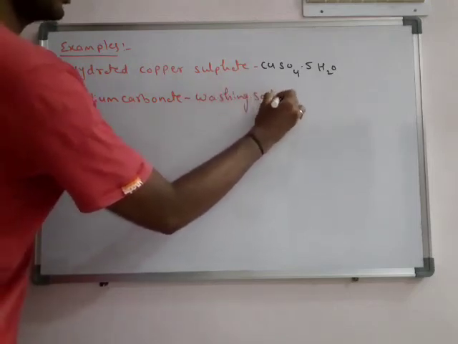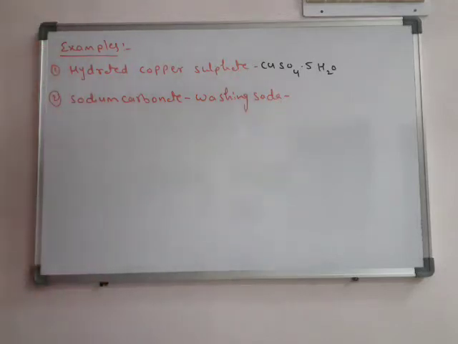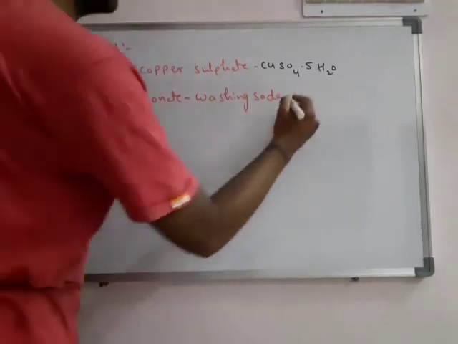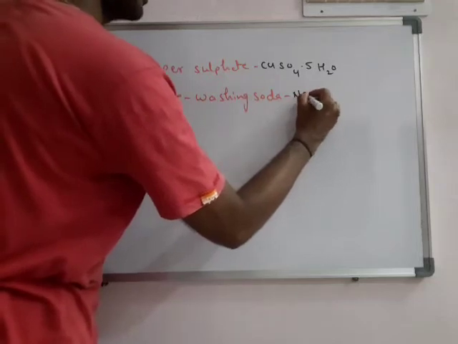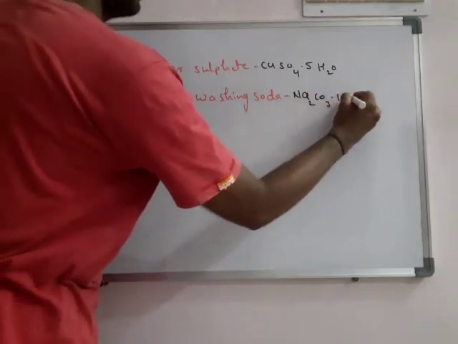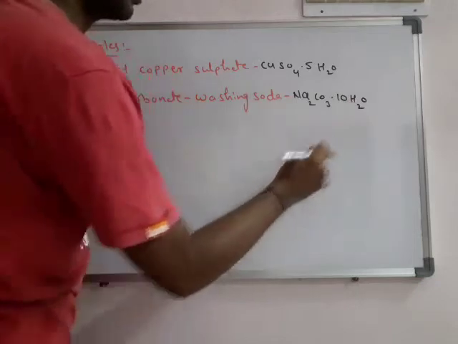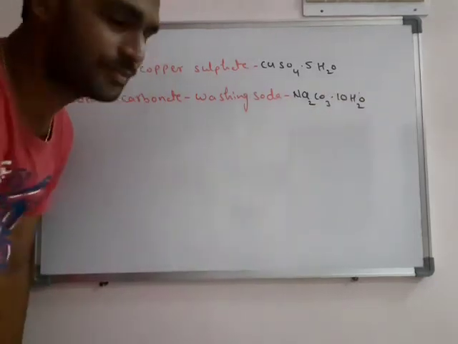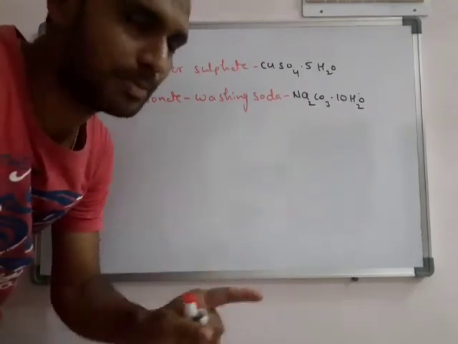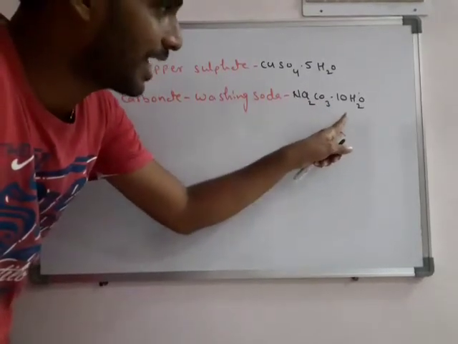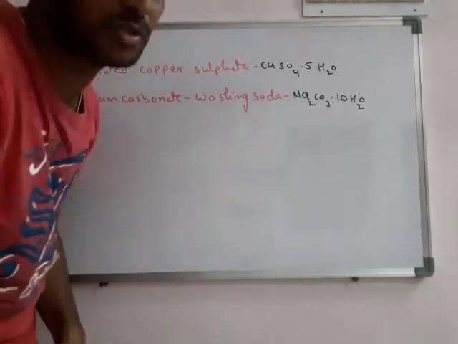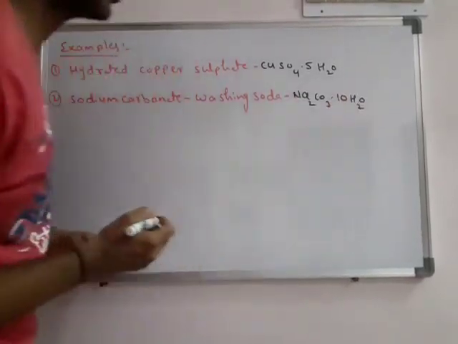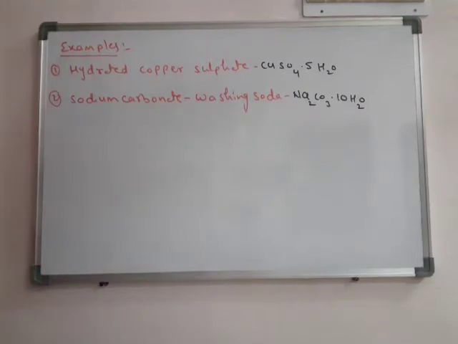So washing soda means it's a sodium carbonate decahydrate, Na2CO3 10H2O. It is fixed. Only Na2CO3 is not treated as washing soda. Washing soda is compulsorily Na2CO3 10H2O, that is only treated as washing soda. Just Na2CO3, we can't treat it as washing soda.